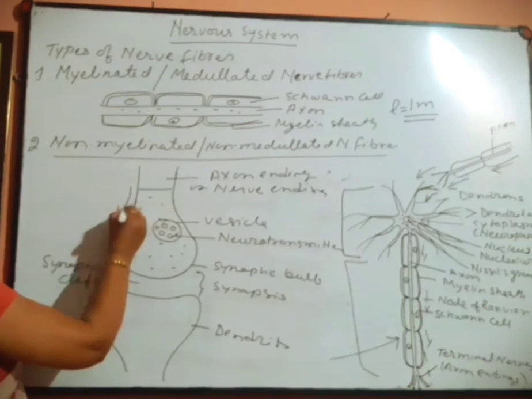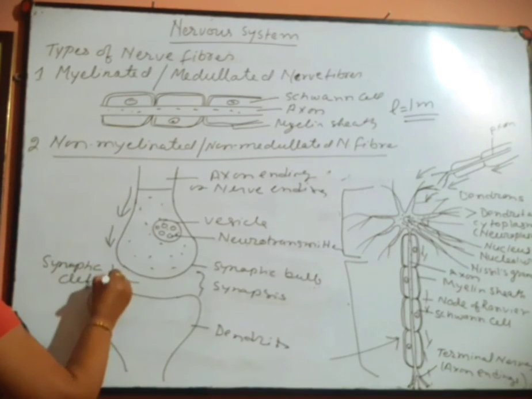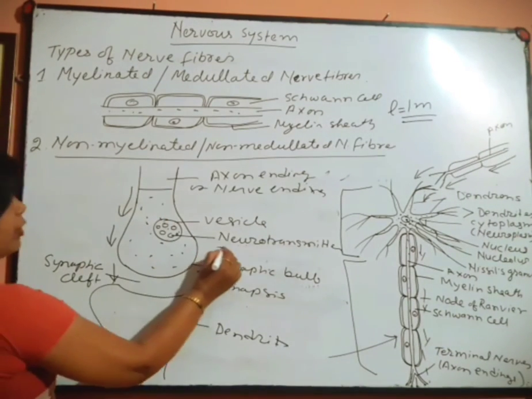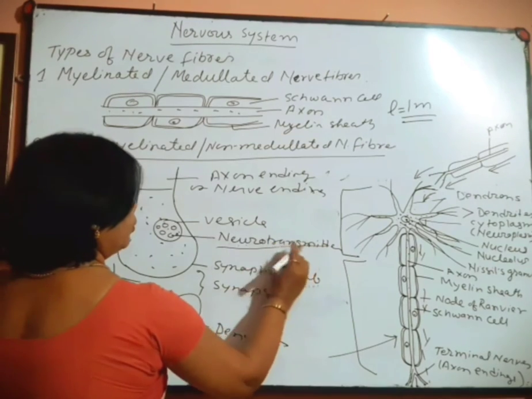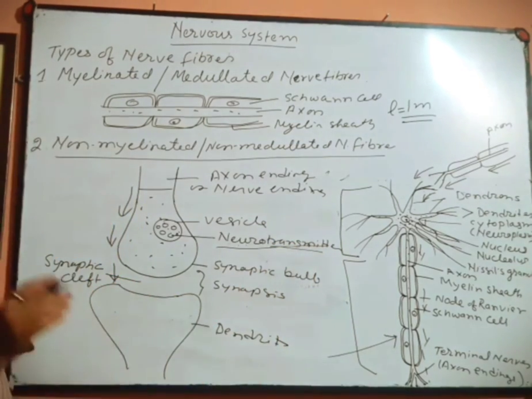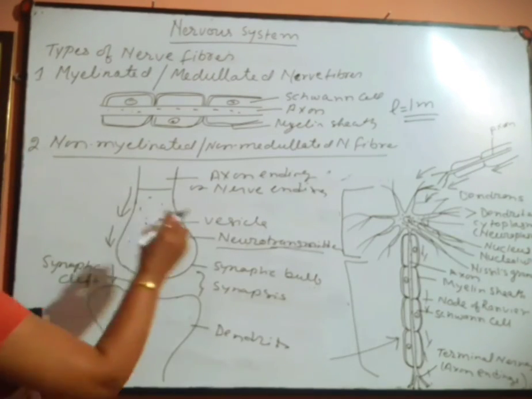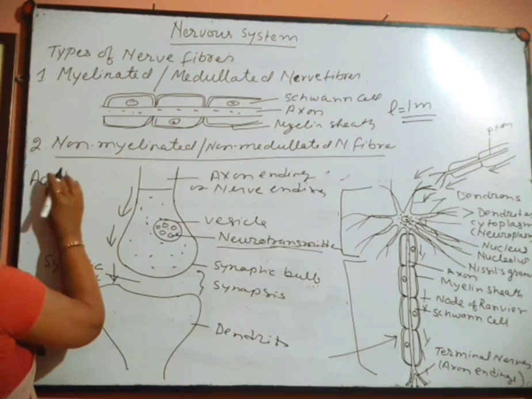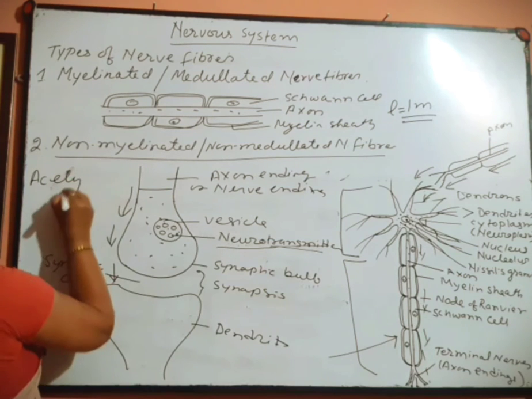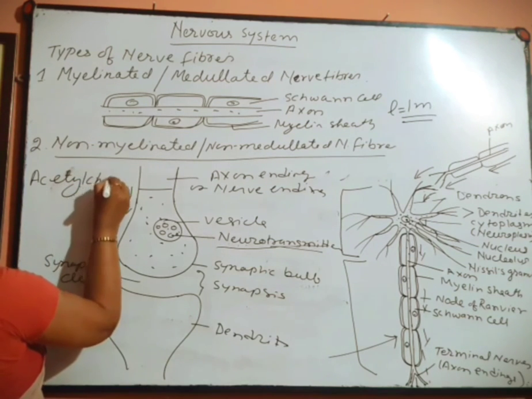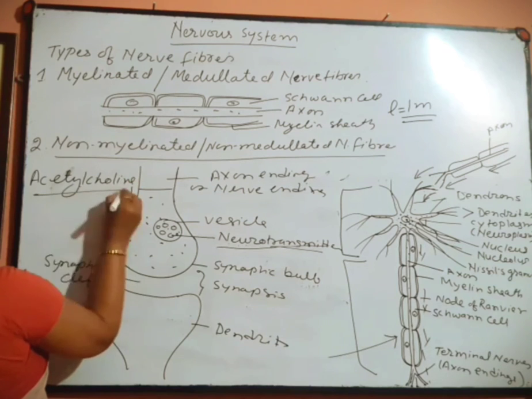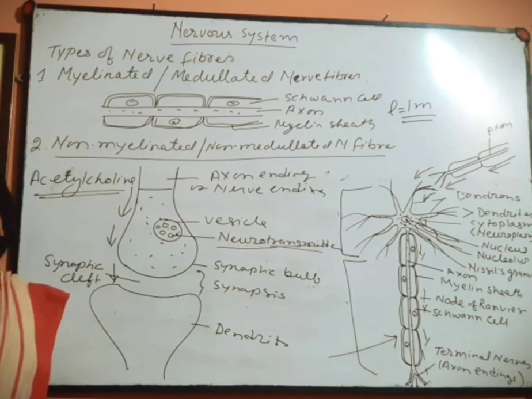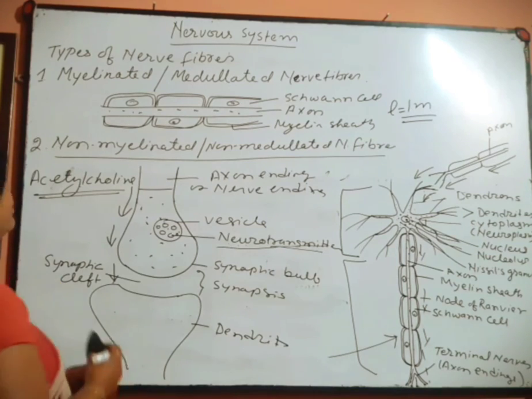And the nerve impulse is transmitted from axon to dendrite through the neurotransmitter. In the human body, the neurotransmitter is acetylcholine. Acetylcholine is the neurotransmitter in the human body.